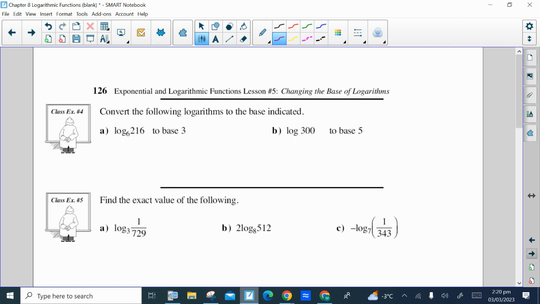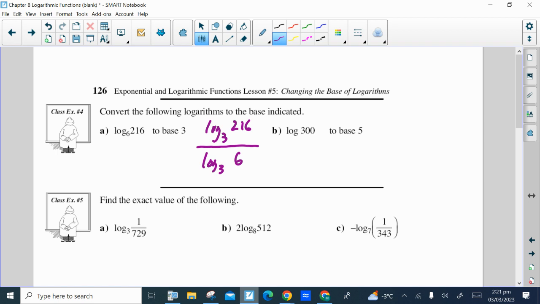So this one says to convert each of those to a base of 3. So this will be done using the change of base identity and making them both with a base of 3. It'll be log base 3 of 216 over log base 3 of 6. So whatever the base of the original log is, we should see that that is always in the denominator.